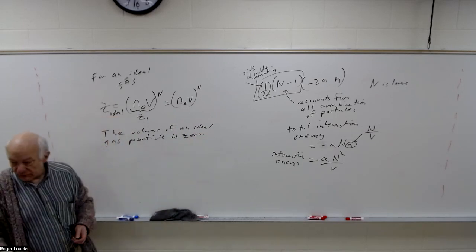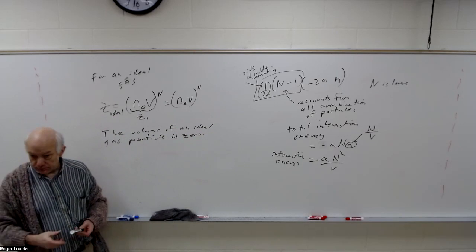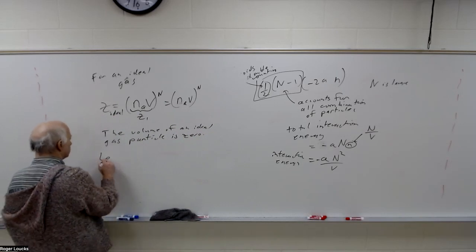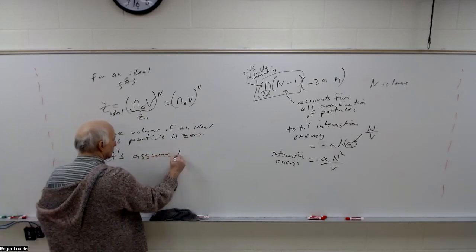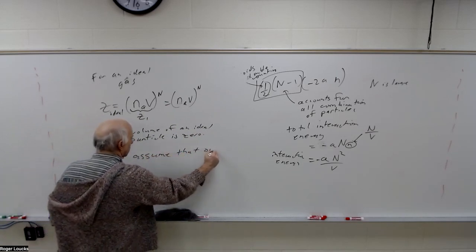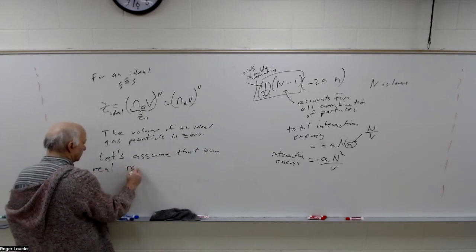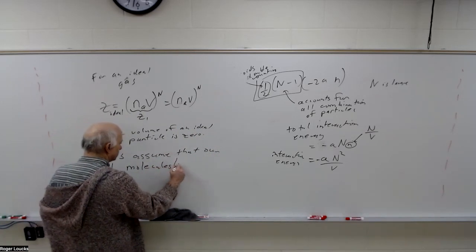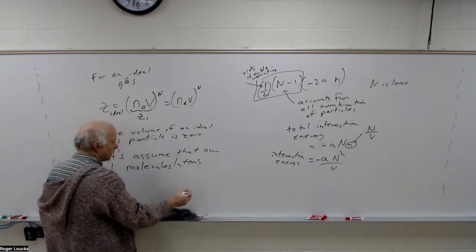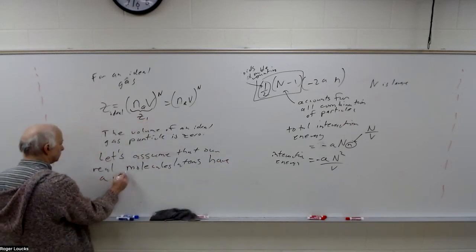So one thing I can do, if I have a non-ideal gas, is assume that the particles have a volume. Well, let's assume that our real molecules or atoms, doesn't matter which we're dealing with, have a volume.